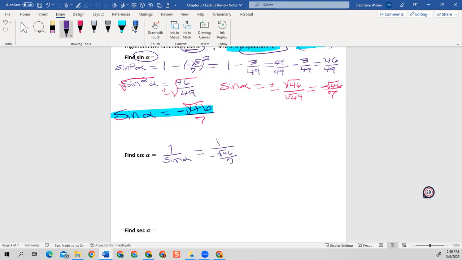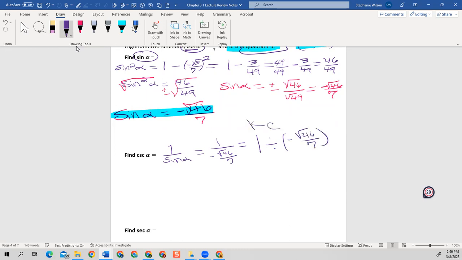So in order to solve this, some of you already know to just flip it, right? And say 1 times that negative, well, I don't want to skip steps here. Some of you already have, and that's fine. It's 1 divided by that negative square root 46 over 7.